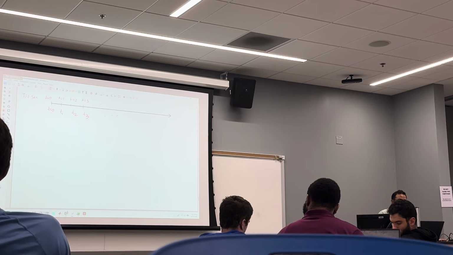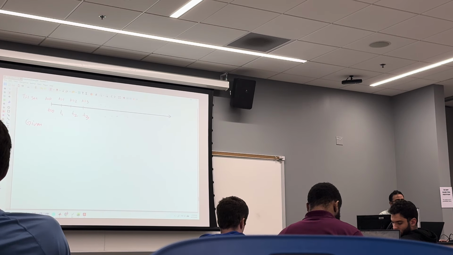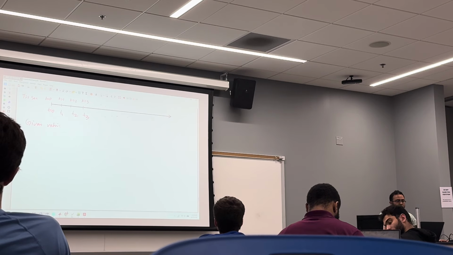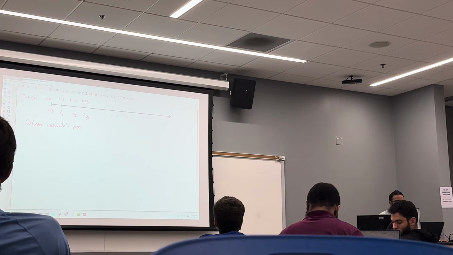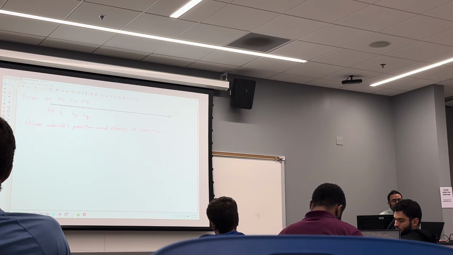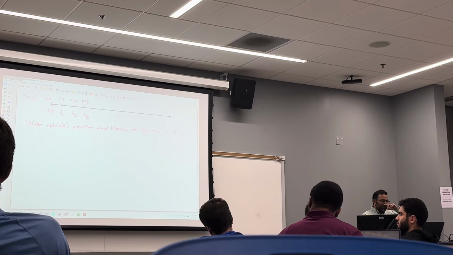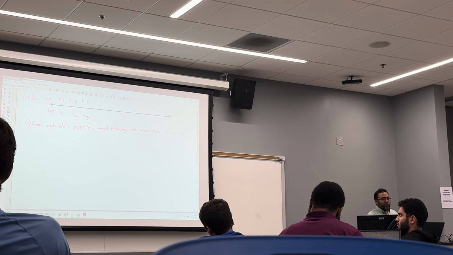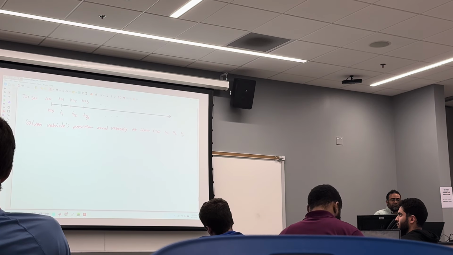I assume that the vehicle's position and velocity at time t equals 0 is x0, v0. So we assume that the vehicle's position and velocity are x naught and v naught.